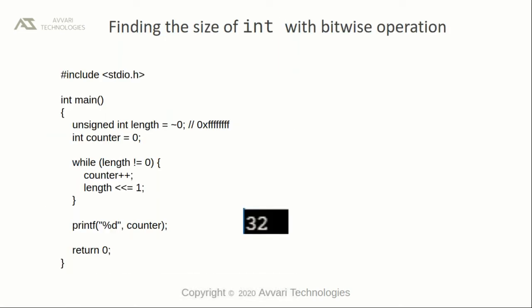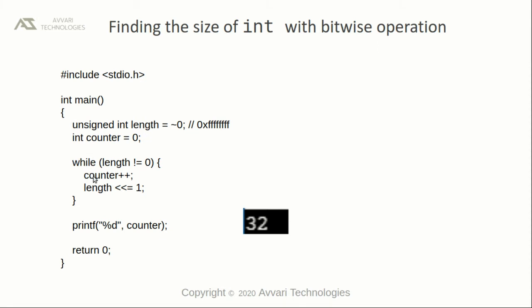This is a simple program to find the size of integer using bitwise operations. Here we defined an unsigned integer and we initialized it with the negation of decimal 1, which replaces all zeros with 1. We don't know the size of integer yet. We will come to that in a moment. Next, we defined an integer variable.